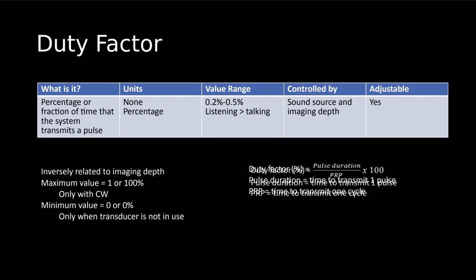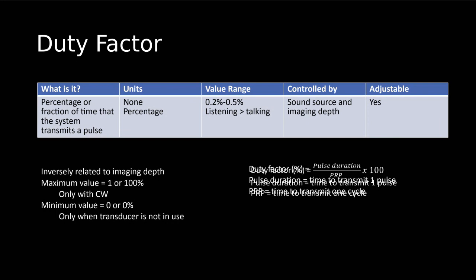Duty factor is going to be controlled by the sound source and the imaging depth. So of course, anytime we can adjust our depth, it is going to be adjustable on our end. Duty factor is going to be inversely related to imaging depth, similar to the other relationships that we have learned about so far, PRP and PRF, having those particular types of relationships with imaging depth.